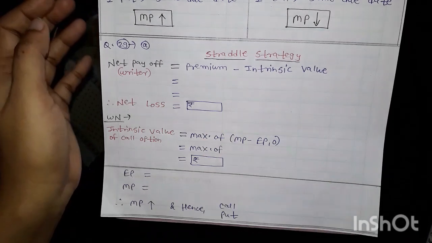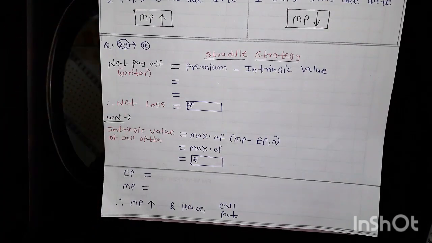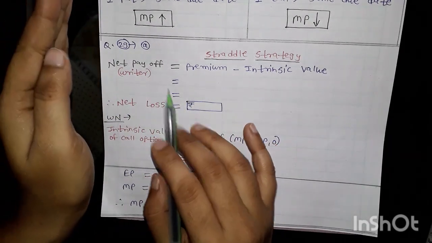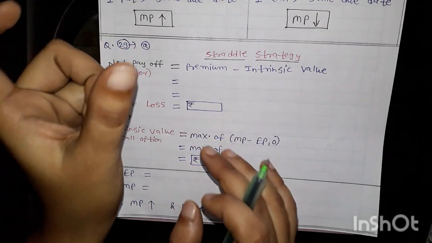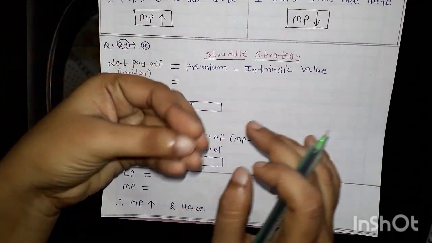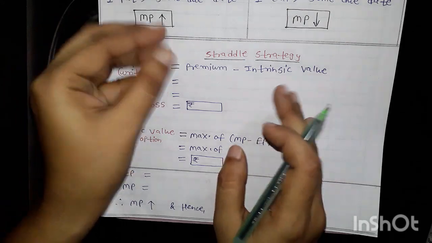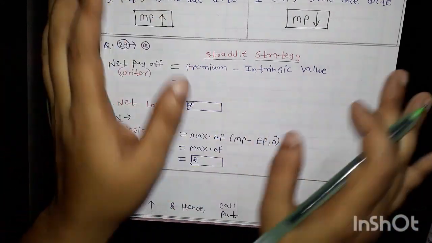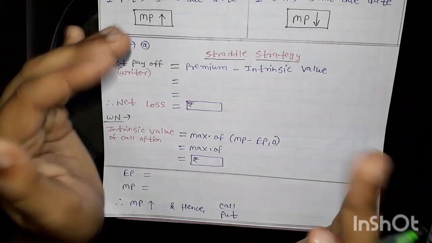So the net payoff formula, which we have already discussed in the formula part. It is the writer formula, because they have used the word trader. Trader means who is trading in the securities or options market, so trader means writer.